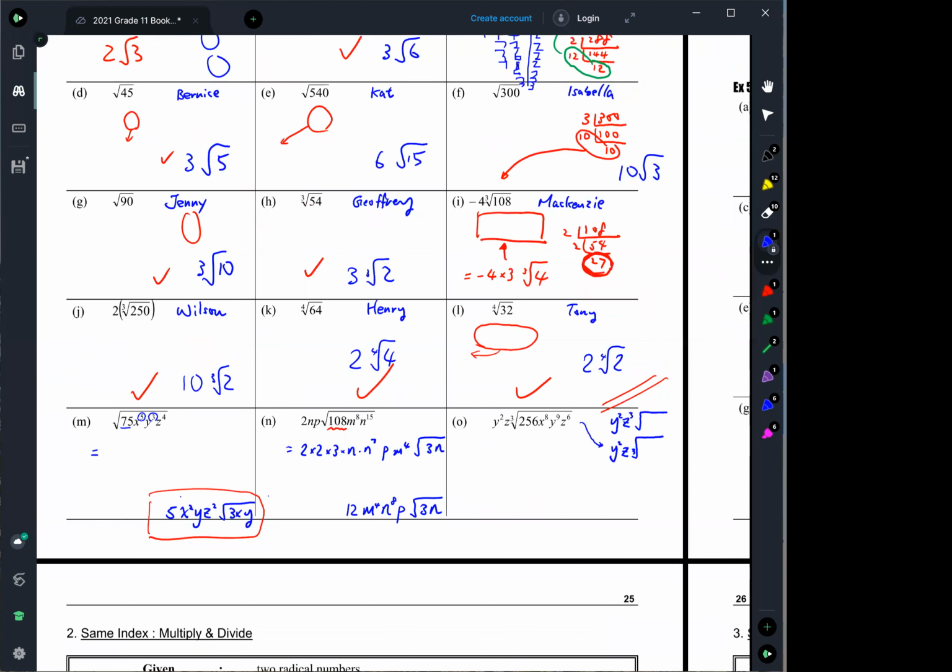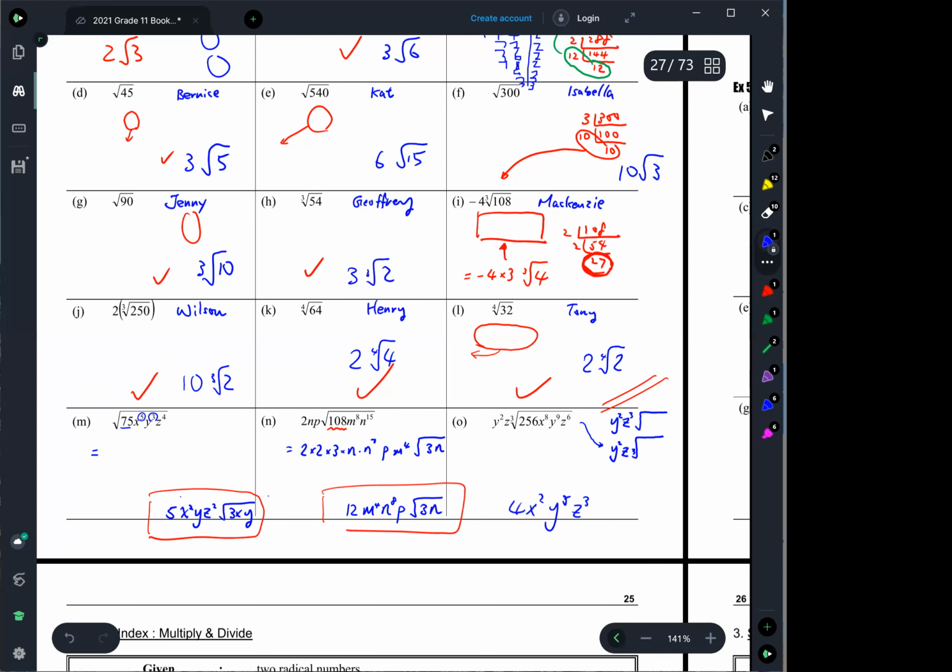How are you guys doing? Still working on the last one, question O. Naomi, what's your last answer? 4x squared y to the power 5, 2 to the power 3, z to the 3, and root 3 4.